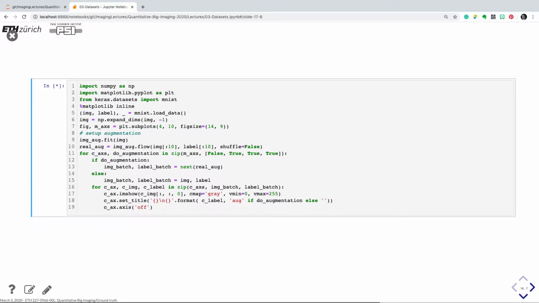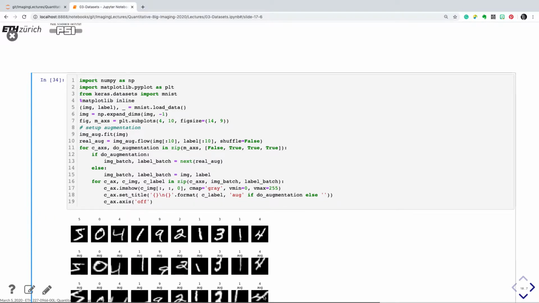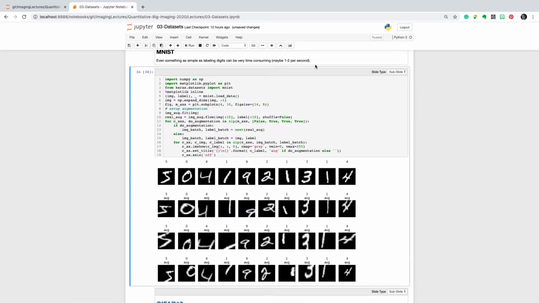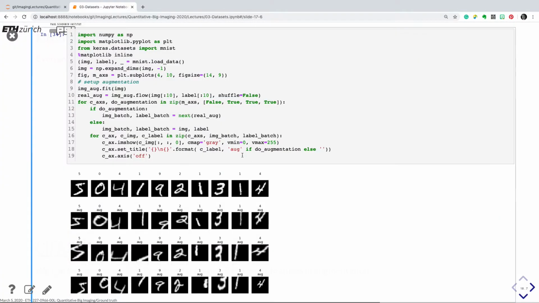So looking at the numbers, we load this data set. We have the original data on the top row, and then we have some augmentations. Here you can see this one was a bit shrunk and also displaced.